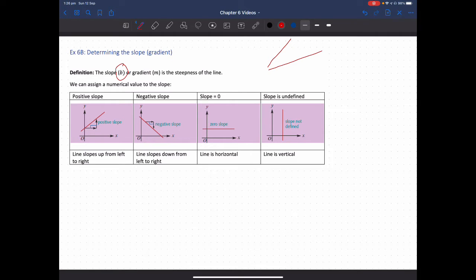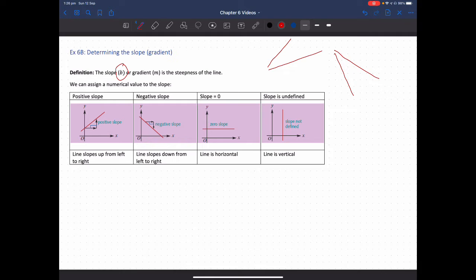Similarly, if we had a line coming down across the screen, that would have a negative slope. If it came down steeper, it would have a bigger number, but it would be steeper. It's also negative.